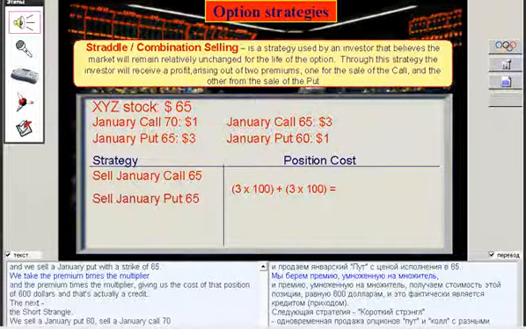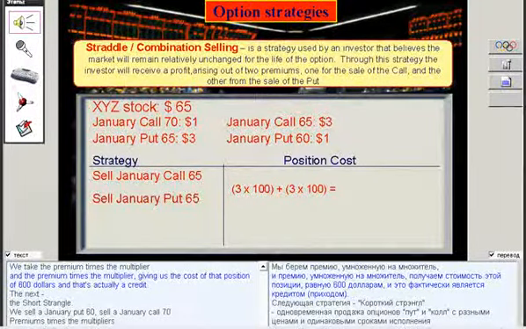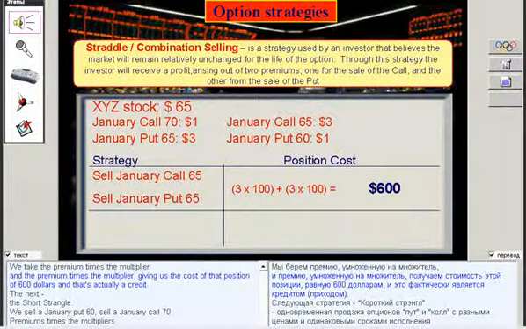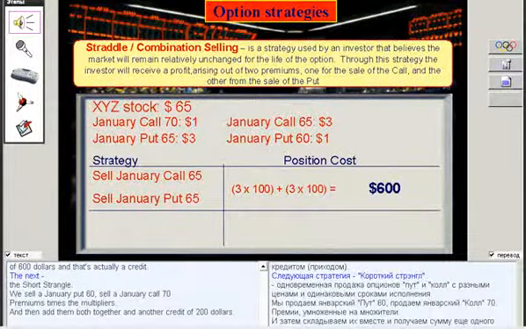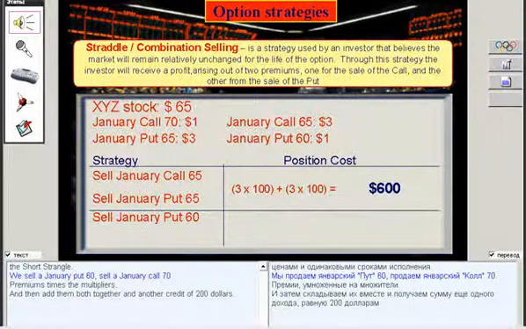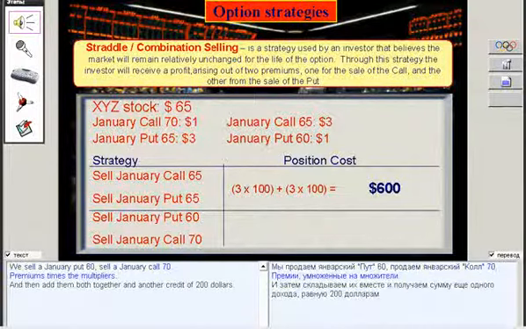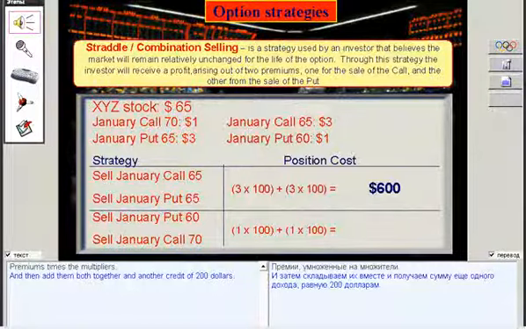We take the premium times the multiplier and the premium times the multiplier, giving us a cost of that position of $600, and that's actually a credit. The next, the short strangle, we sell a January put 60, sell a January call 70. Premiums times the multipliers, and then add them both together, and another credit of $200.